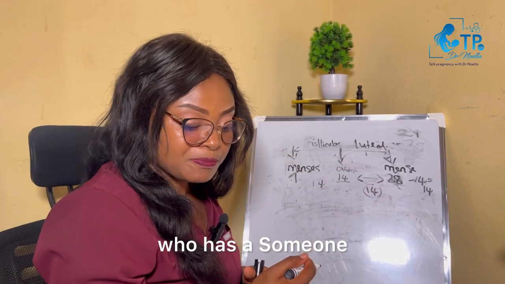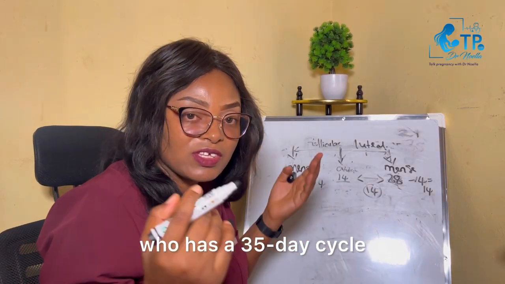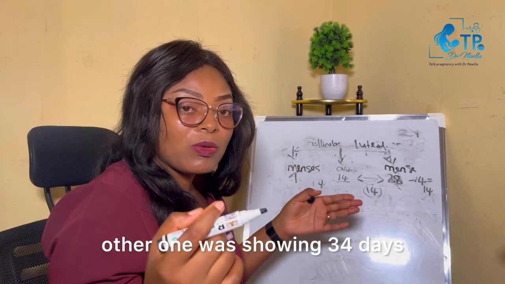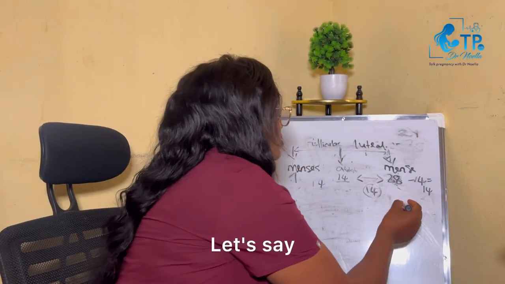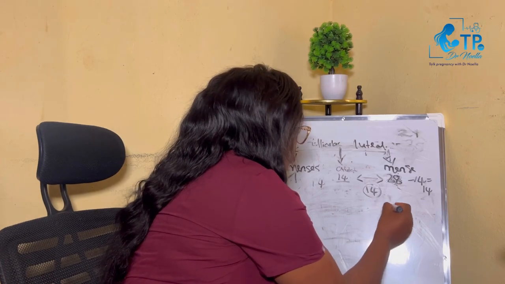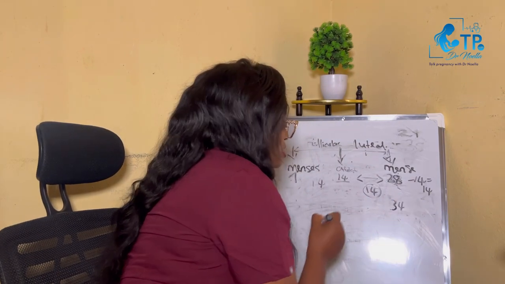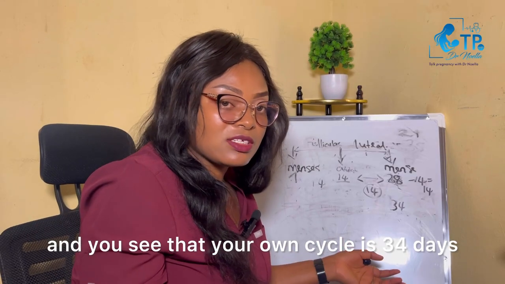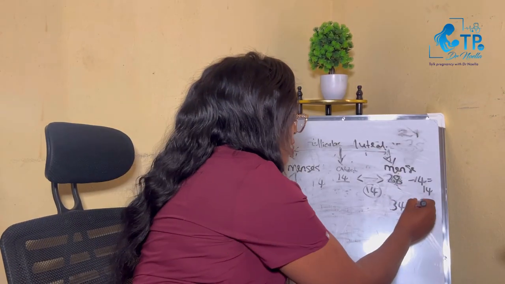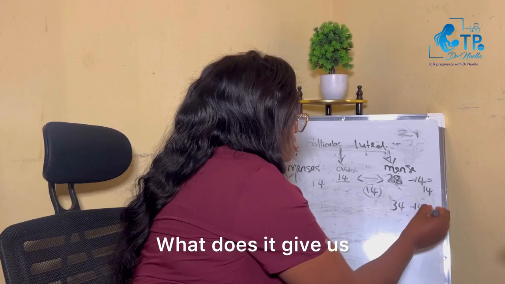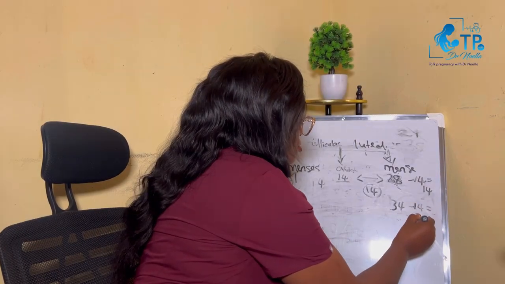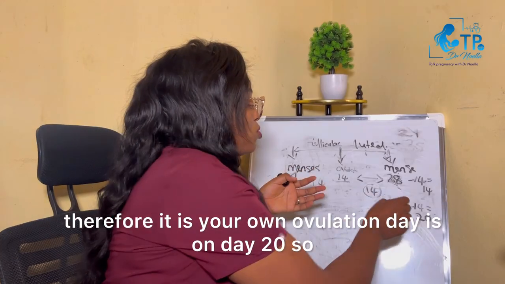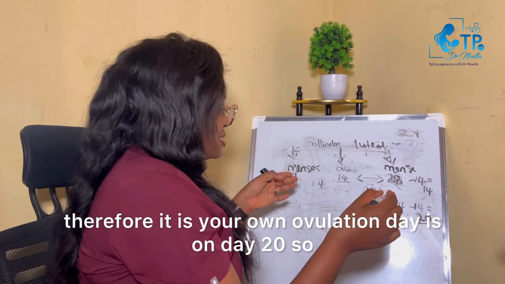Someone who has a 35-day cycle, or let's say the one we calculated earlier that was showing 34 days. You have calculated and you see that your own cycle is 34 days. You say 34 minus 14. What does it give us? It gives us 20. Therefore, your own ovulation day is on day 20.